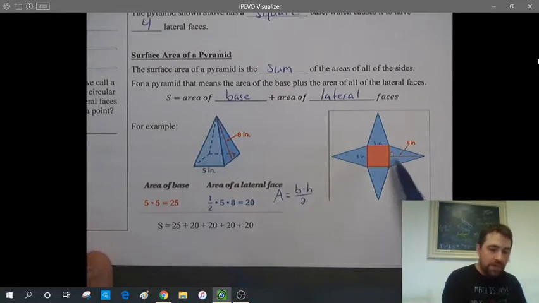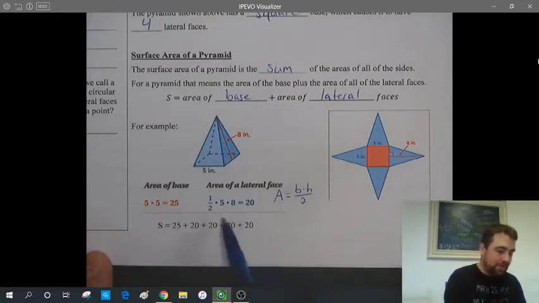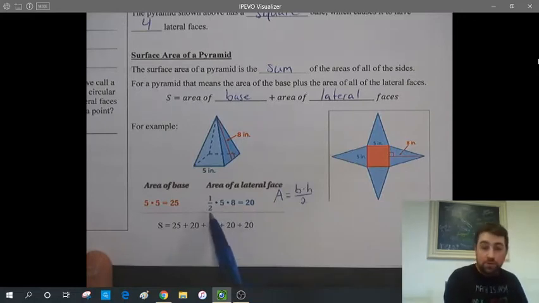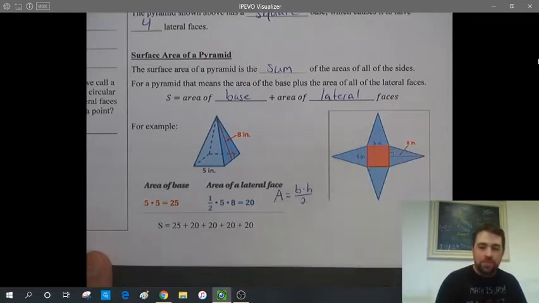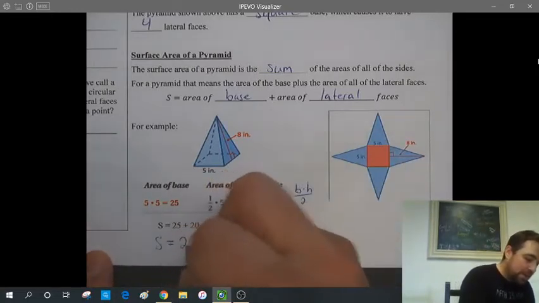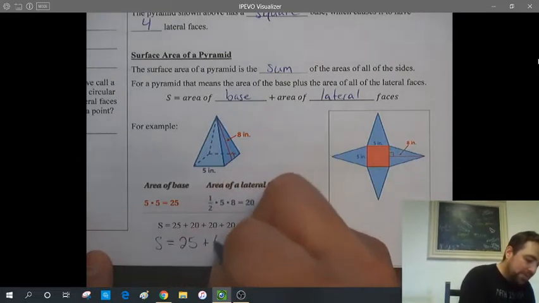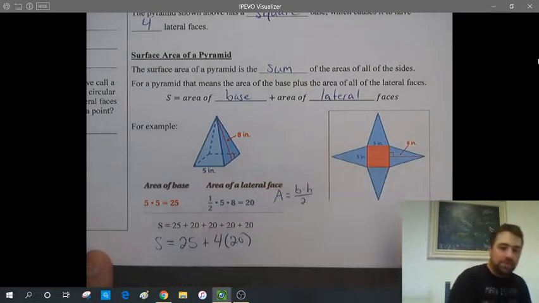So if the base of the triangle is 5, the height of the triangle is 8, it's 5 times 8, and then divide by 2 or multiply by 1/2, and that gives us 20 here. And so then for the total surface area, it'd be the 25 from the base plus 20 plus 20 plus 20 plus 20 for each of the lateral faces. Or we could shorthand that to 25 plus 4 times 20, right?